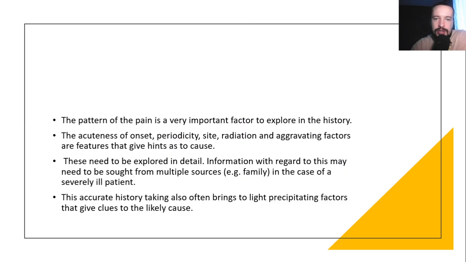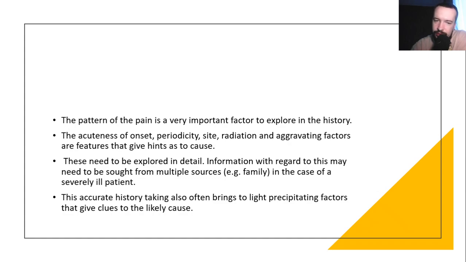The pattern of the pain is a very important factor to explore in the history. Acuteness of onset, periodicity, site, radiation, and aggravating factors are features that give hints as to the cause. These need to be explored in detail. Information with regard to this may need to be sought from multiple sources in the case of a severely ill patient.